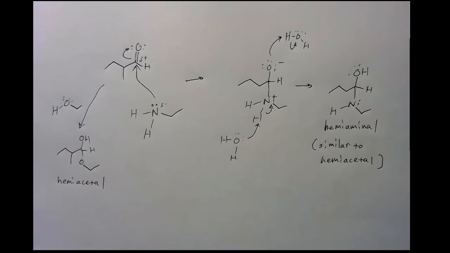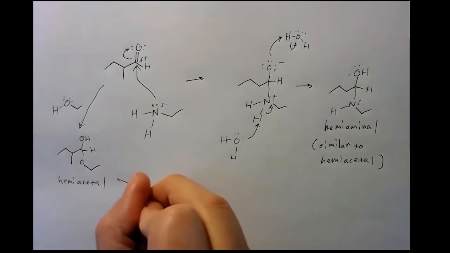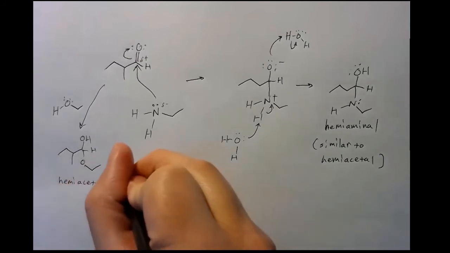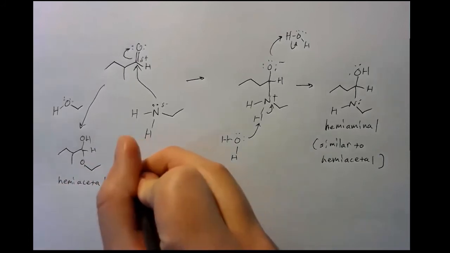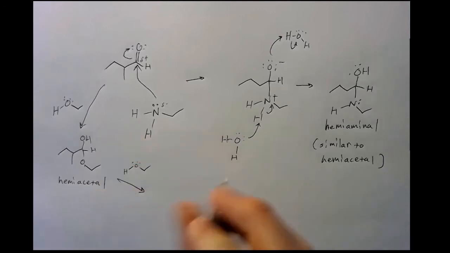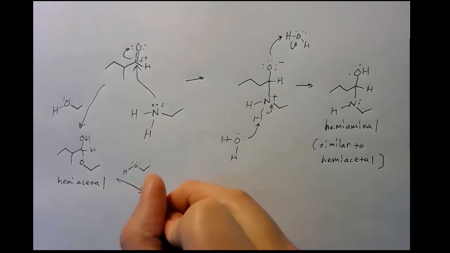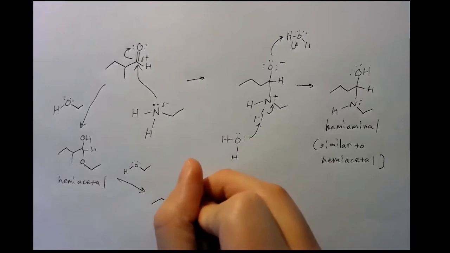So instead of adding on another unit of alcohol, with the hemiacetal we would react again with another unit of alcohol, and we would get our full acetal.